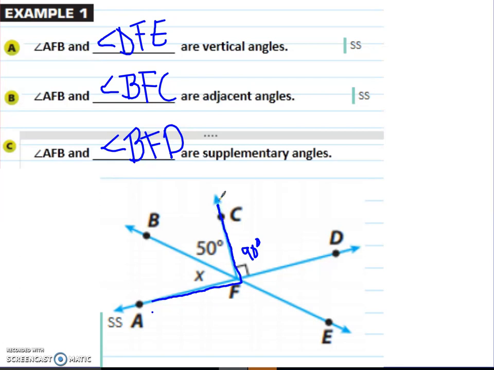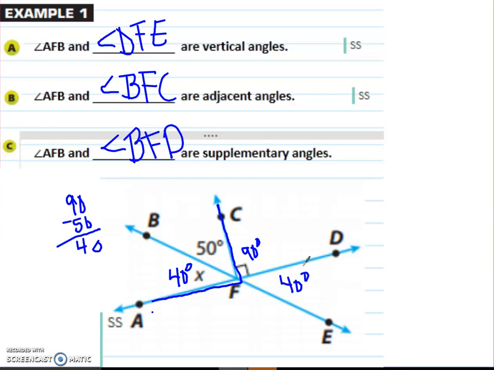So based on complementary, we can say 90 minus 50, and we get 40. So X is 40 degrees. Now, based upon vertical angles are opposite and congruent, if this is 40 degrees, this is 40 degrees.